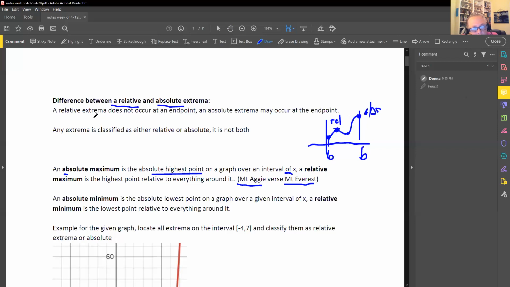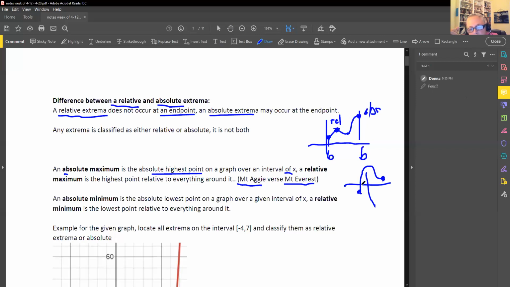And some things to keep in mind: relative extrema, they don't occur at the endpoint. So we didn't worry about that in the last section. We're worrying about them now because we're talking about absolute extrema. Absolute extrema can occur at endpoints. I could have a graph that went up and went down.